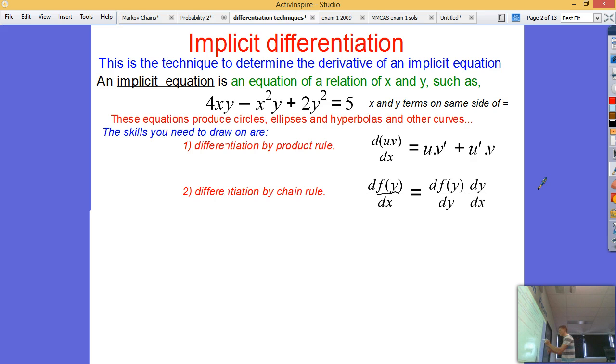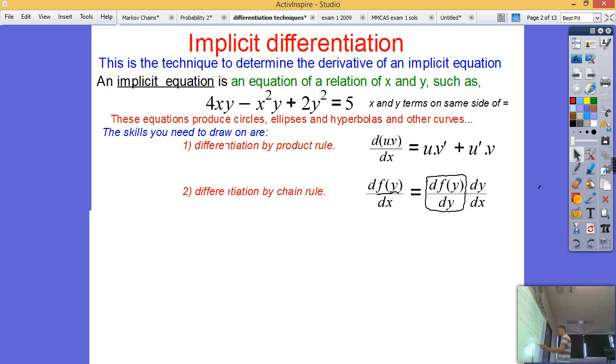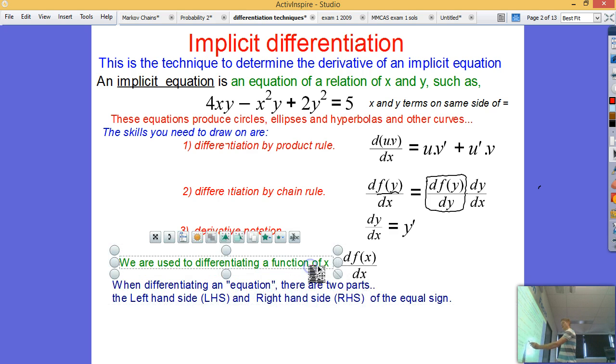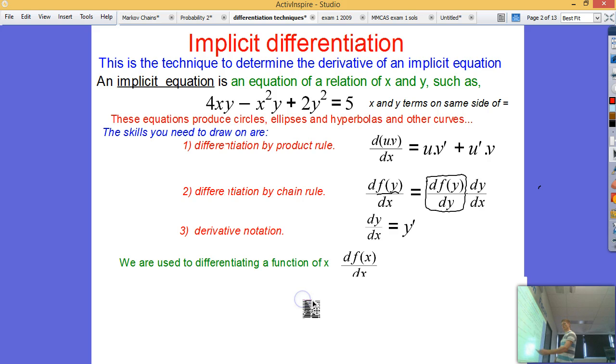So the first part of the chain rule is to go ahead and differentiate with respect to y anyhow, but we have to balance that out and multiply by dy/dx, just so it's equivalent. And we're also going to use some derivative notation, y dash, just to make it a little bit simpler. We might already be used to differentiating functions like this, d f(x)/dx.